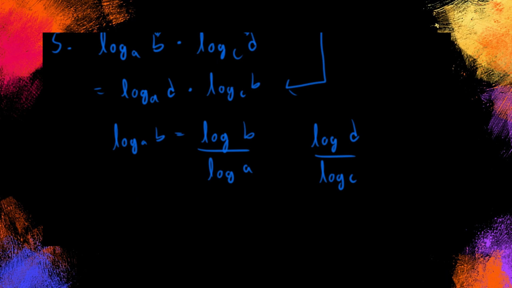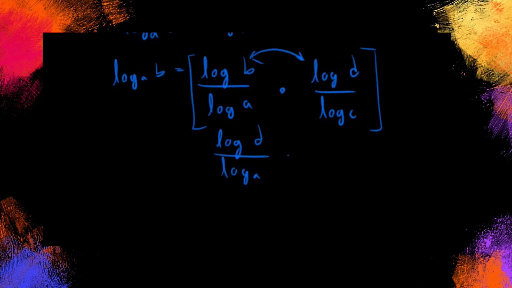So what we're essentially doing is multiplying log a of b by log c of d. If we multiply these two, we can just rearrange by the commutative property of multiplication. We can rearrange the numerators, and we have log d over log a times log b over log c.